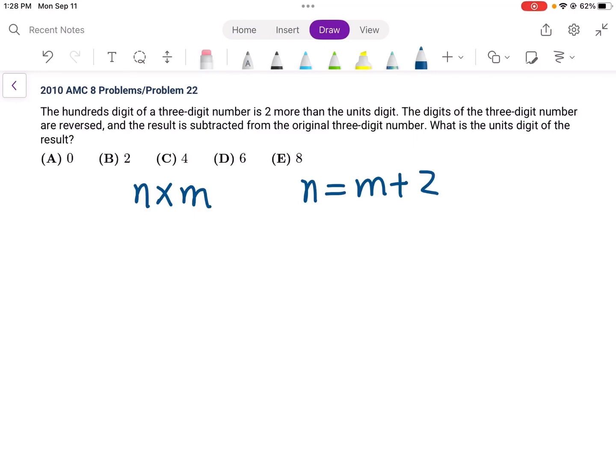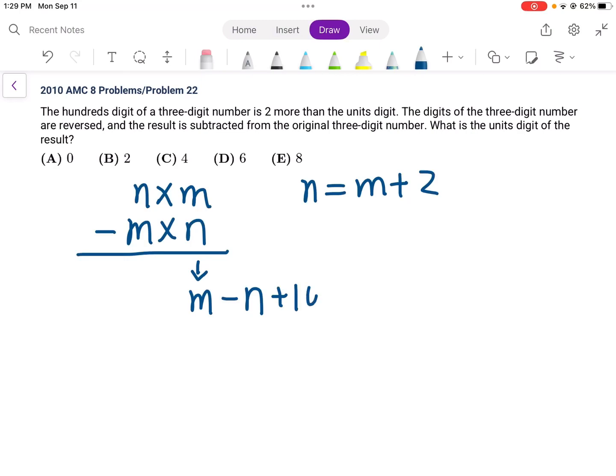Now we switch the order of the 3-digit number and do the subtraction. That means it's mxn. Now the units digit becomes m subtract n. Because m is smaller than n, m needs to borrow 10 from x, so we plus 10.